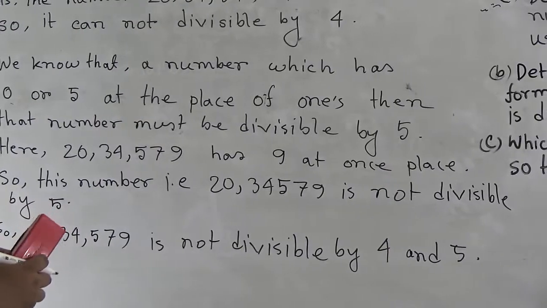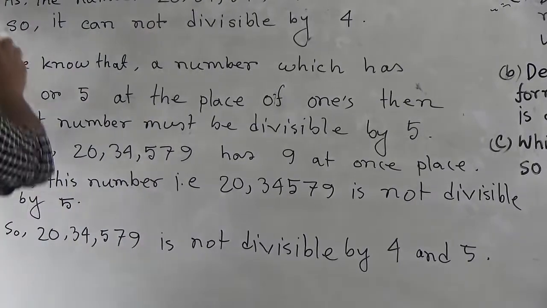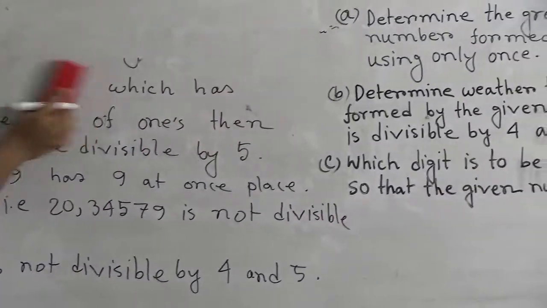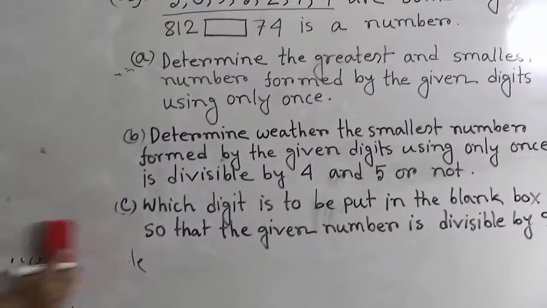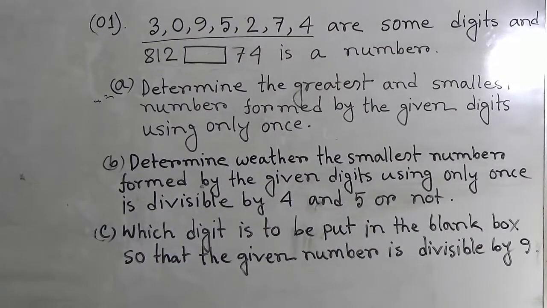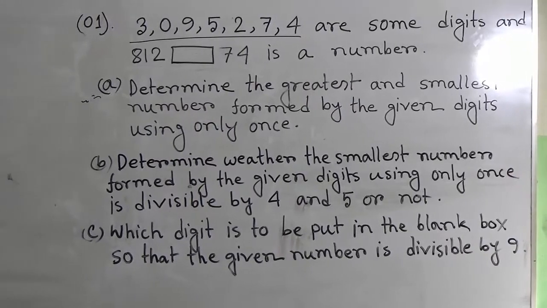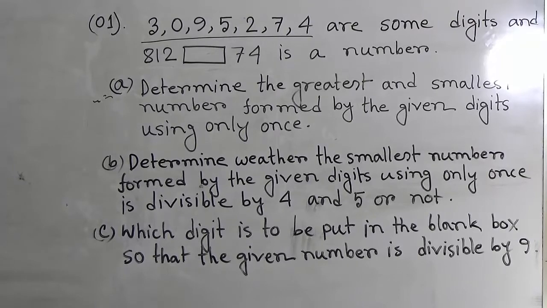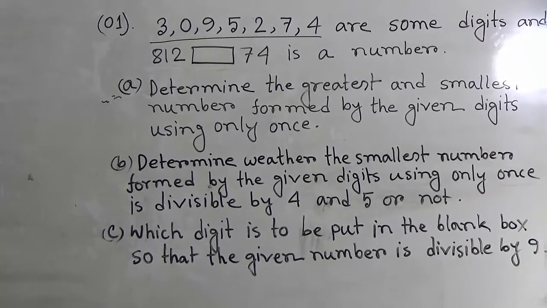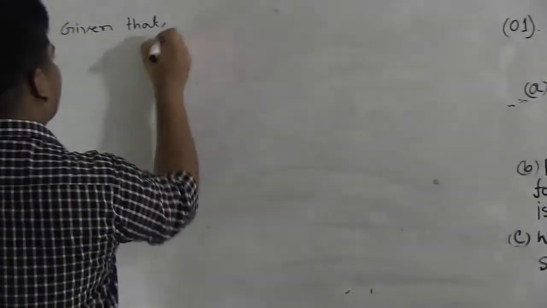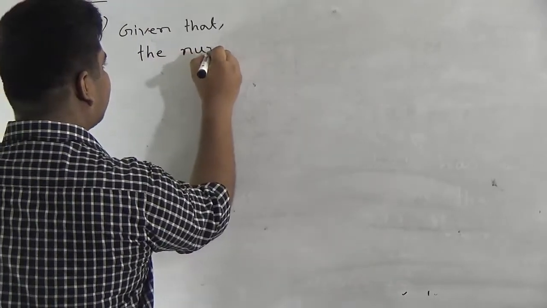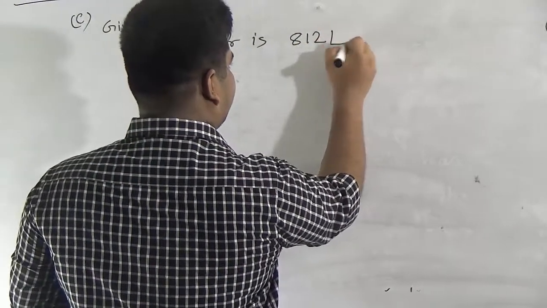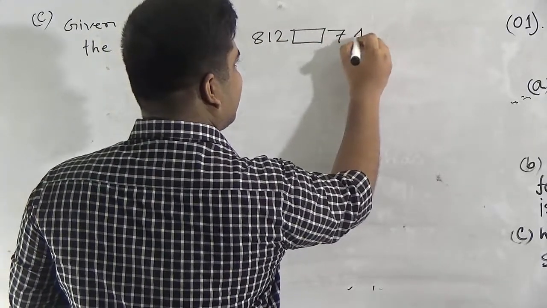Now I erase question number B and start to solve question number C. First of all, I write given that the number is 8, 1, 2, blank box, 7, 4.